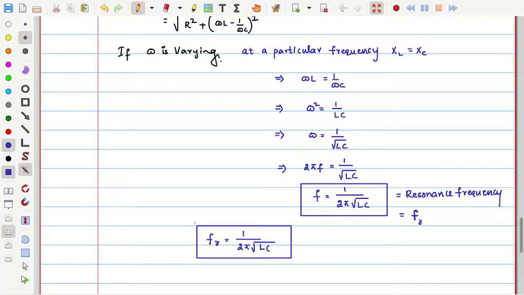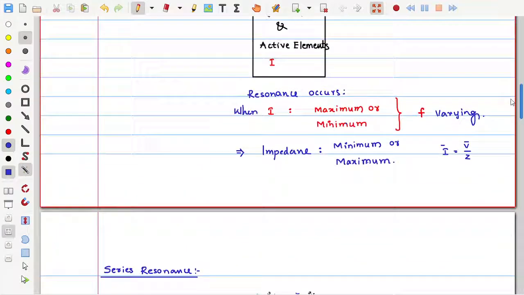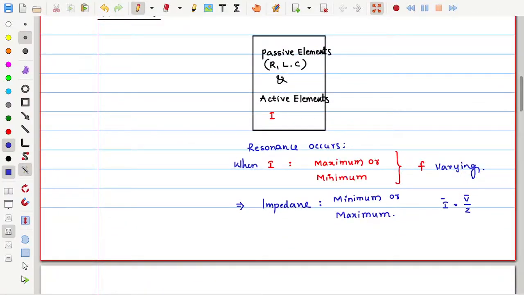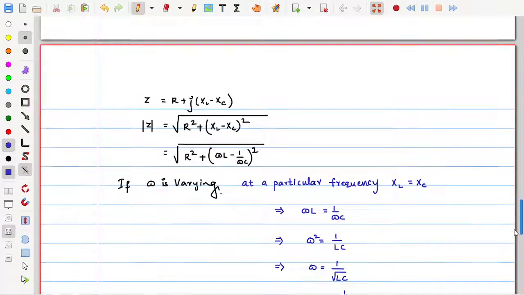Try to observe how we defined resonance here: resonance occurs when current is maximum or minimum as frequency is varying. In this condition, the impedance can be minimum or maximum. That is the situation we are seeing here.